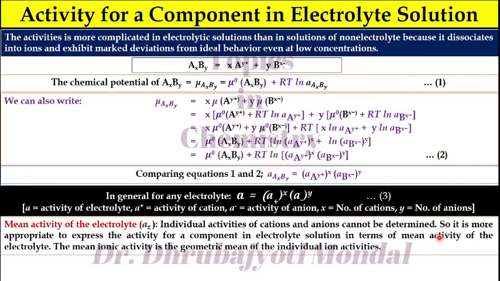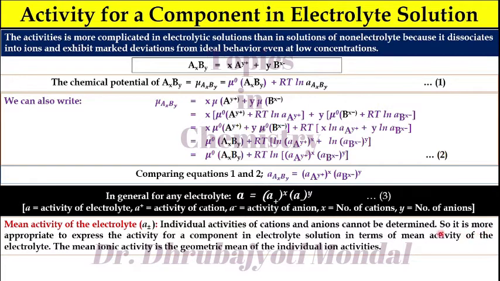Now you have to consider what is mean activity of the electrolyte, and here you can see it is represented by a±. Already I have told you that individual activities of cations and anions cannot be determined.